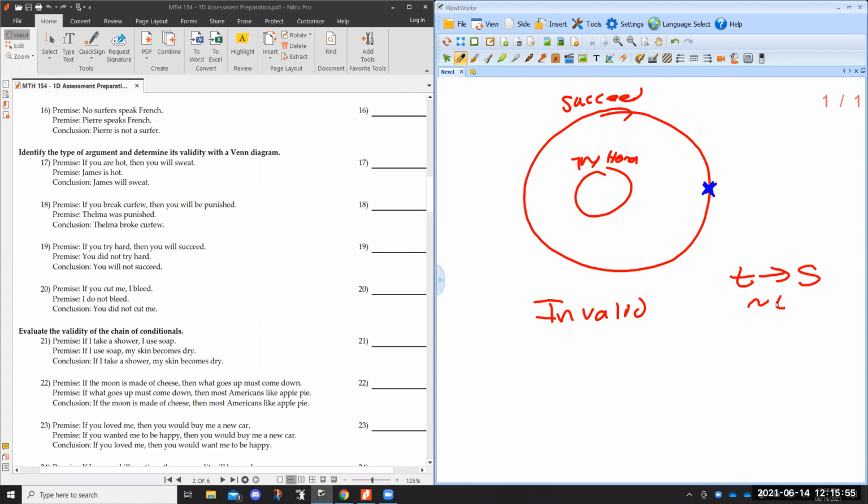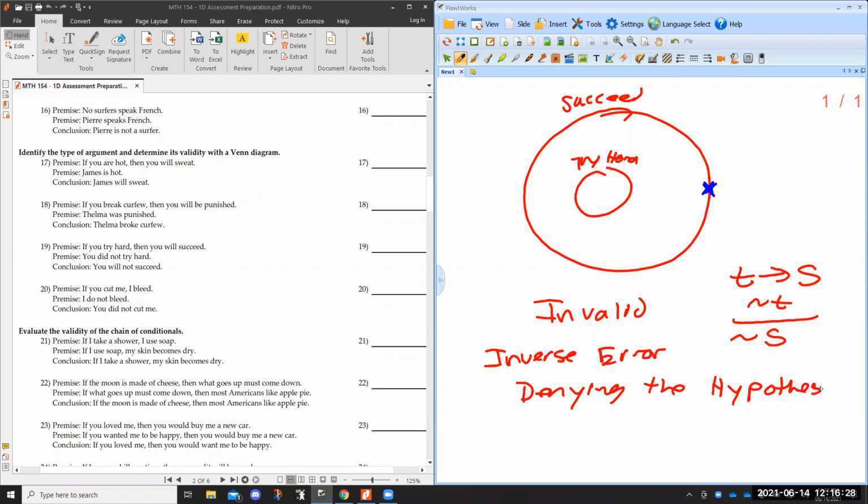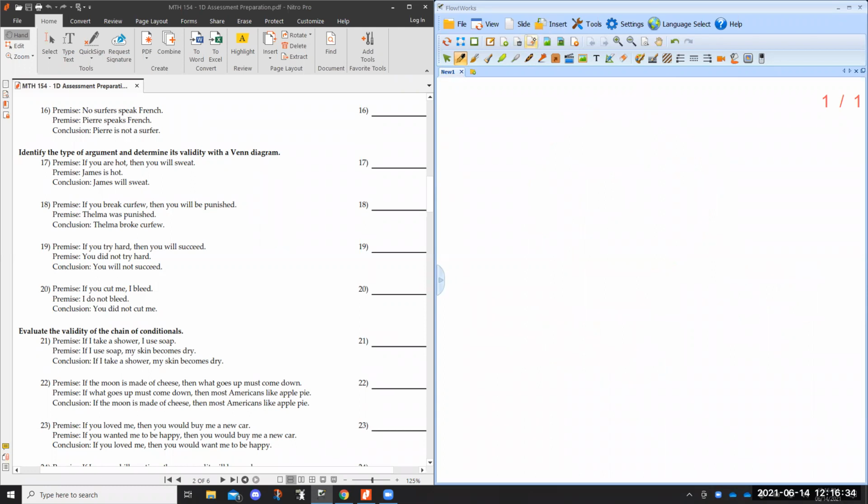You do not try hard, therefore you will not succeed. This is called an inverse error. And I assume they call this denying the hypothesis. Yes, they call this denying the hypothesis. And it is also an error. It's invalid. All right, moving on.